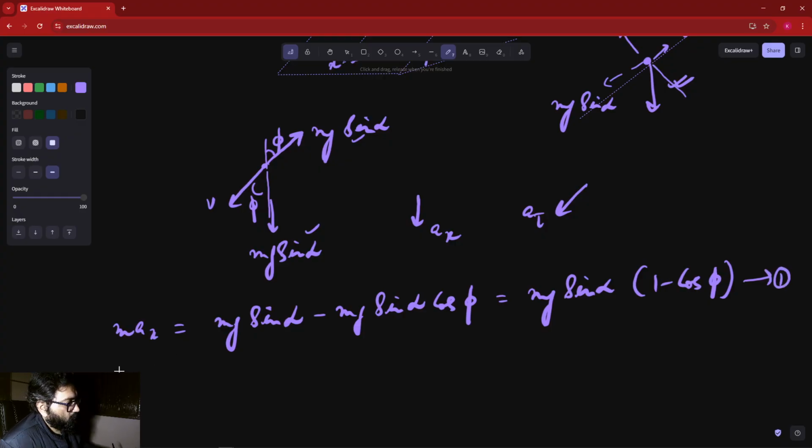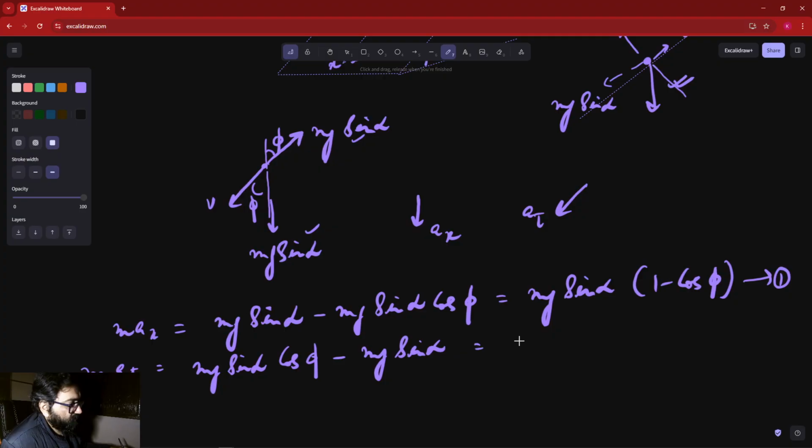Now let's talk about AT, okay. So m AT, which is going to be the net force in this direction, right? This is going to be equal to mg sine of alpha into cos of phi, okay, minus mg sine of alpha.